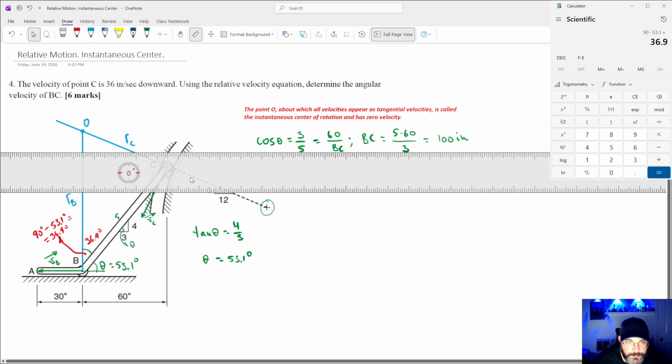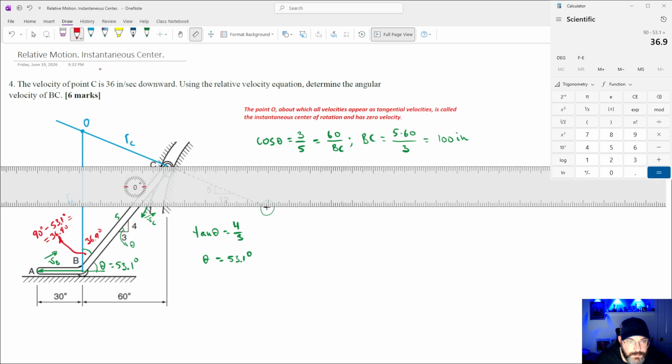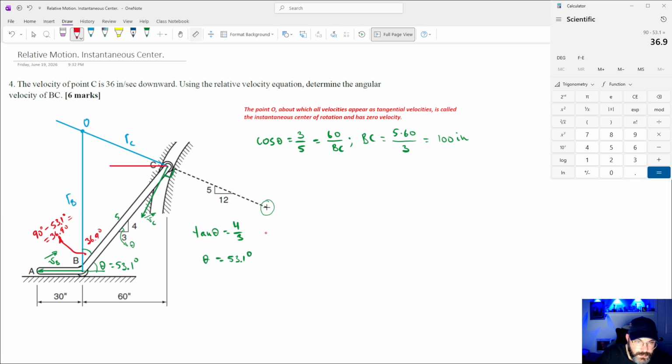Okay, let's draw a horizontal line here. This angle here is going to be exactly the same as this one, so it's going to be 53.1 degrees, and this angle is going to be this angle here, so let's call this angle alpha, because this is going to be exactly the same line with the same slope.